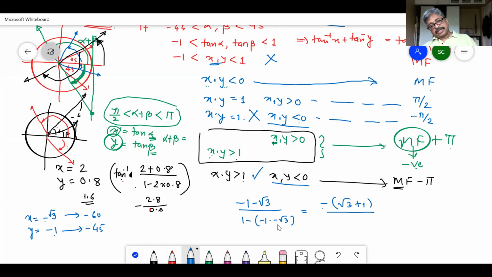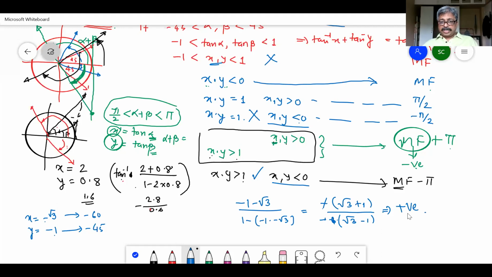Therefore, 1 minus root 3 is root 3 minus 1 with a negative sign. Do you understand this? And therefore the negative gets cancelled, so this quantity is a positive quantity.